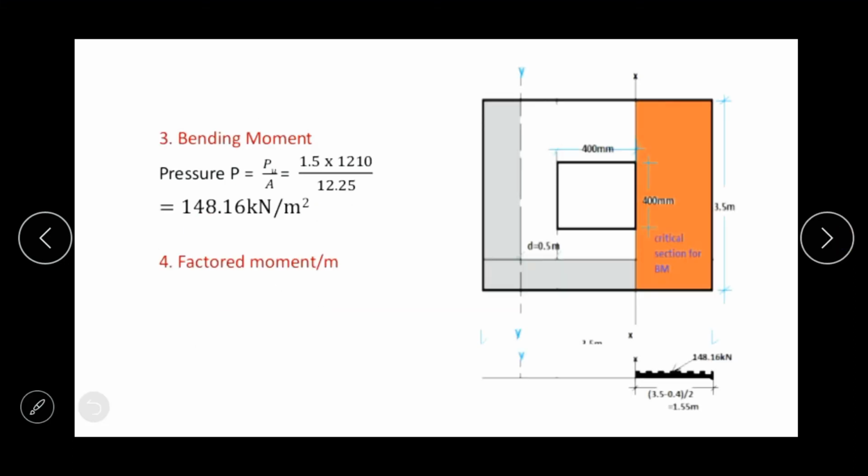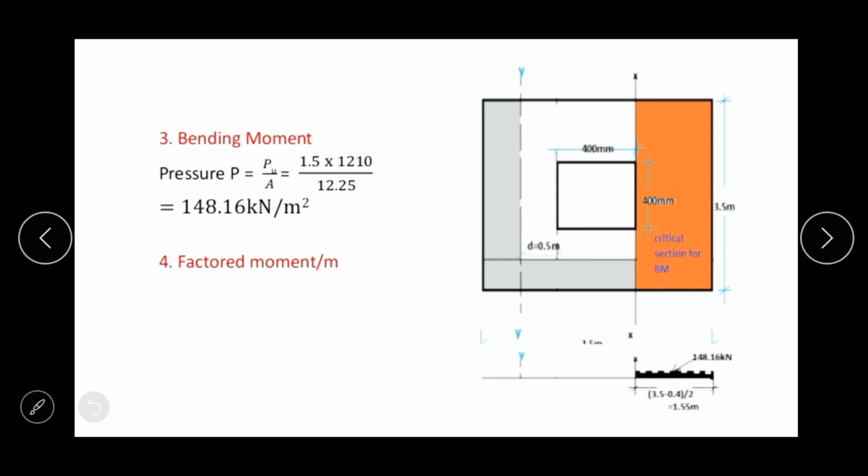Now come to the next step. In the next step, we have to determine the net upward pressure which is exerted by the soil on the footing. Already I have discussed the net upward pressure in my first video. So the net upward pressure can be found by taking the ratio of ultimate load to the area of the footing.